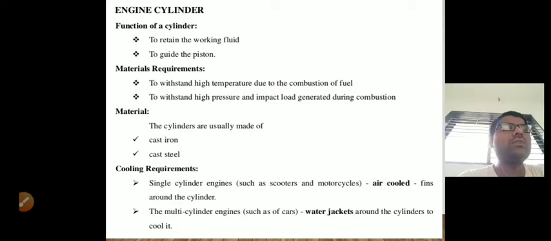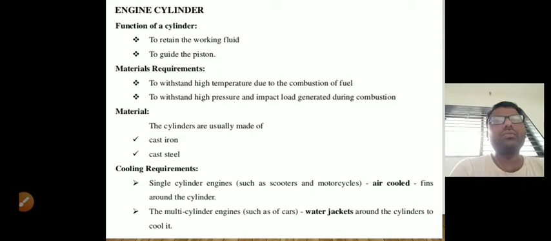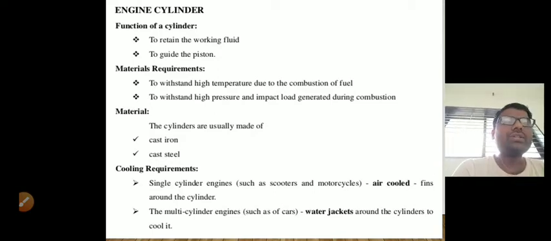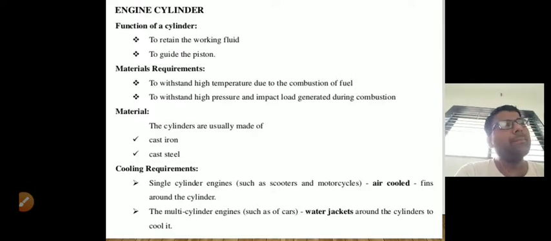The next, subsidiary function is to guide the piston. Whenever the piston moves from TDC to BDC or BDC to TDC, the function of the cylinder is to guide the piston.